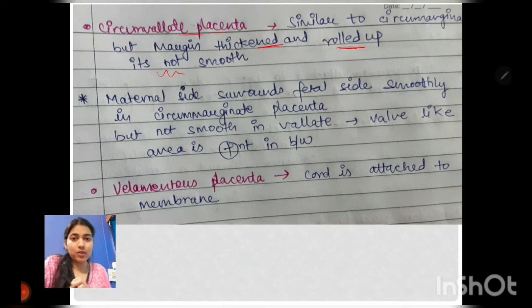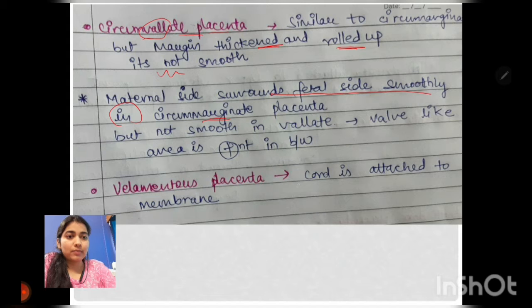While in circummarginate, it is smooth. The maternal side surrounds the fetal side smoothly in circummarginate, while in circumvallate it is very rough, with a thick ridge-like or valve-like area present. So vallate is valve, and in marginate it is smooth.